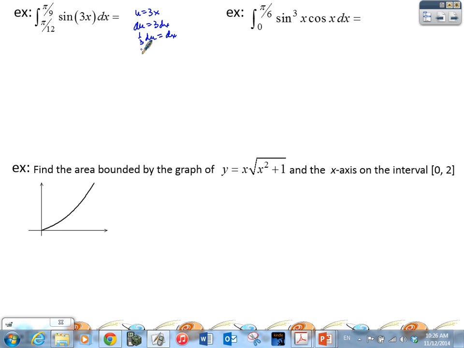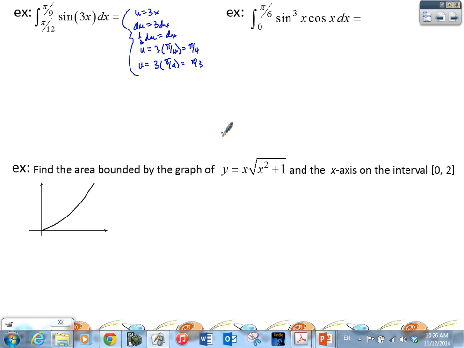Go ahead and change my bounds. So u is going to be 3 times pi over 12, which is pi over 4, and 3 times pi over 9, which is pi over 3. So there's my u sub work.